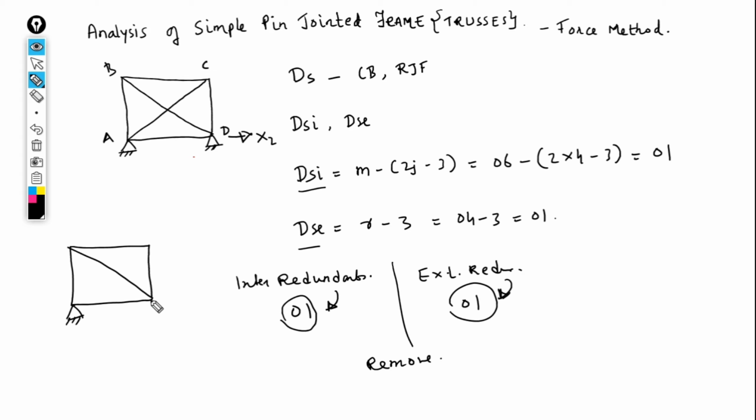So you have identified one member as a redundant and removed it, and you have also identified the horizontal reaction at D as a redundant and removed it.